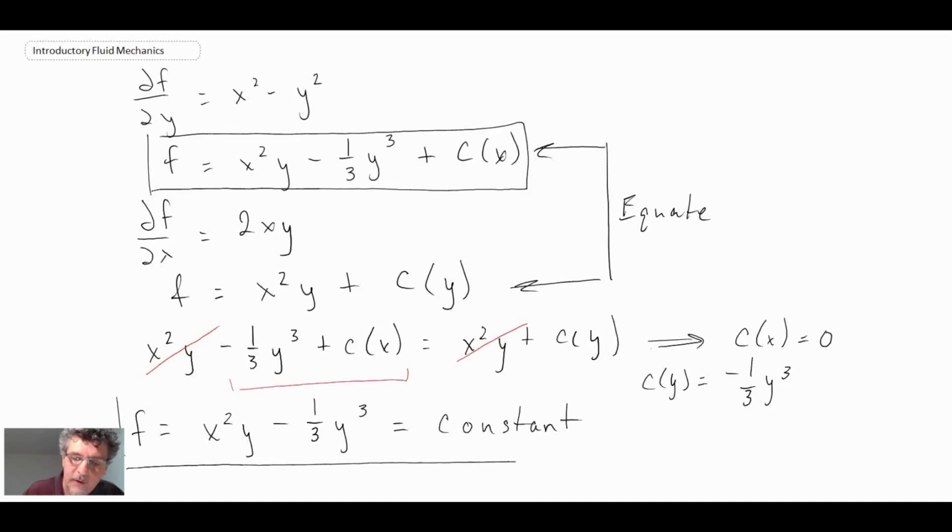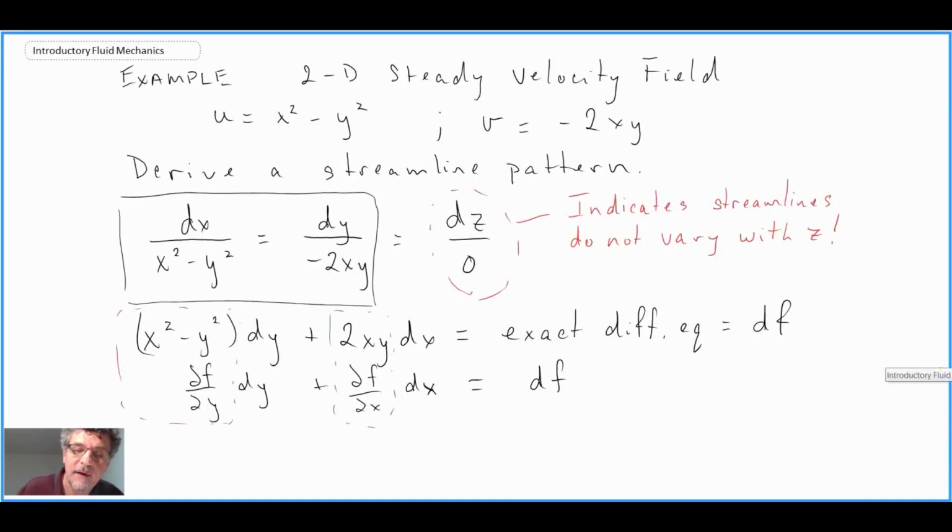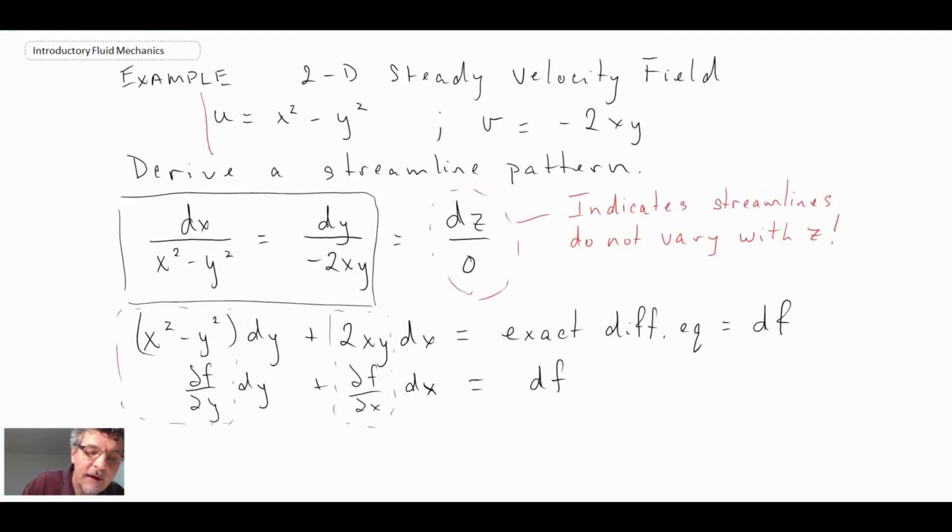And this is what turns out to be the equation for the streamline that satisfies the velocity field that we specified at the beginning of the problem here.